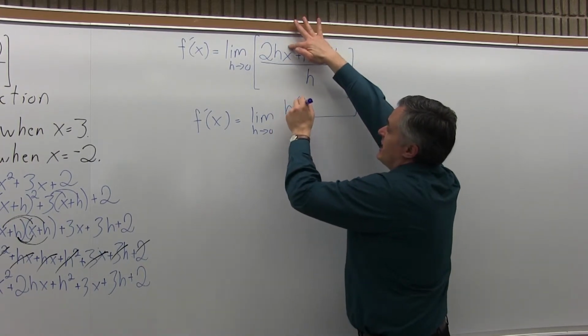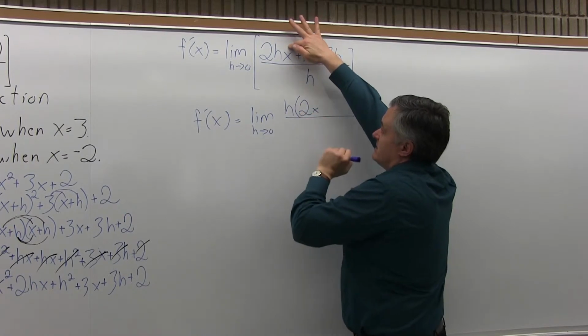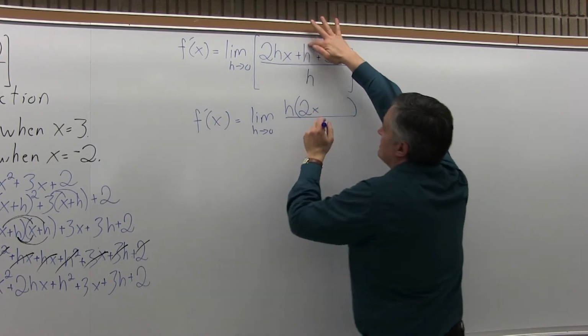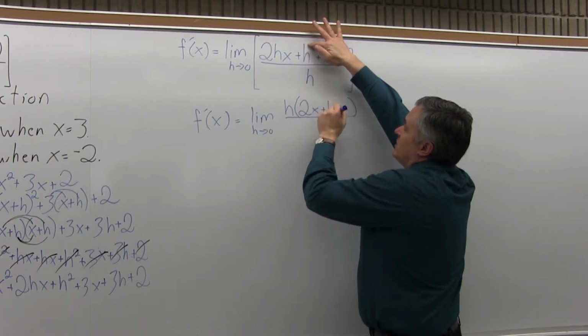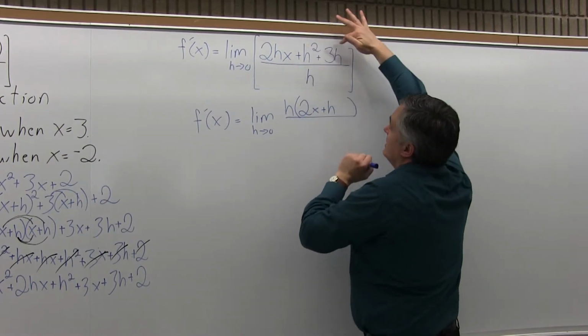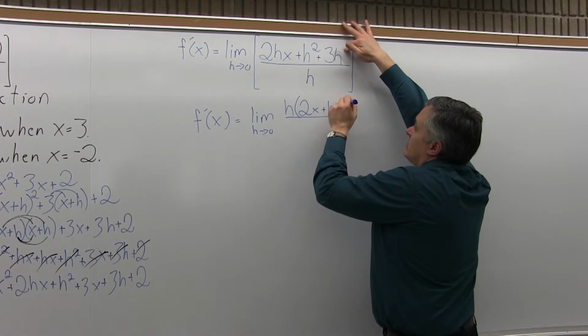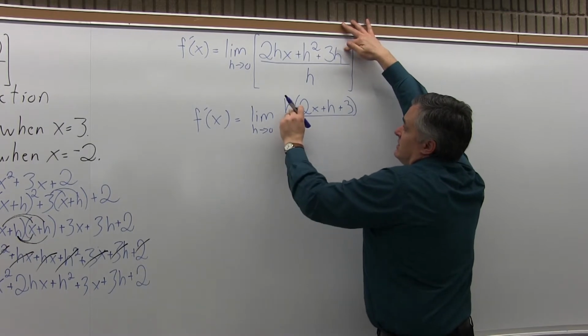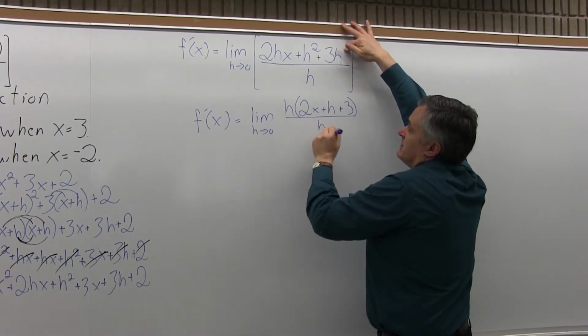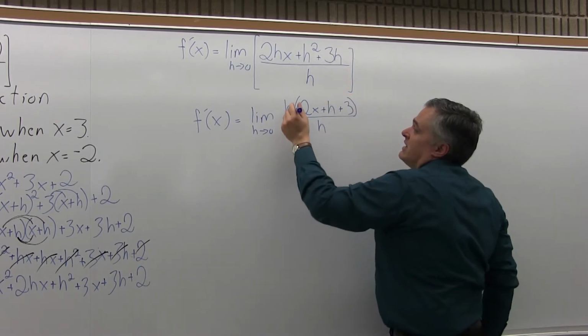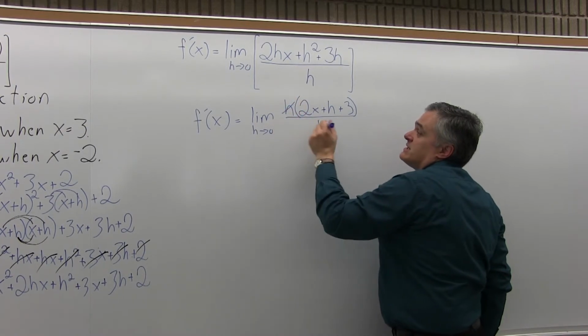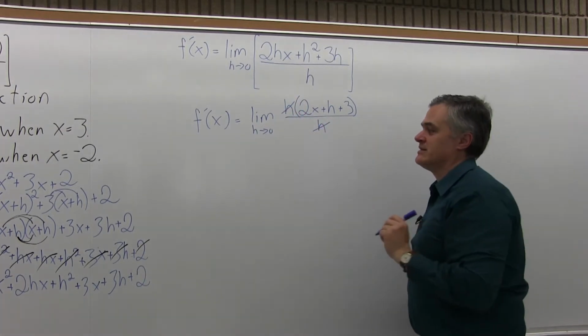The 2hx will put 2x in the parentheses. The h to the second power will make an h to the first power in the parentheses. The 3h will give me a 3 in the parentheses. So now I've pulled out an h, and I still have the h in the denominator. Now the one I factored out in front of the parentheses and the one in the denominator can cancel.